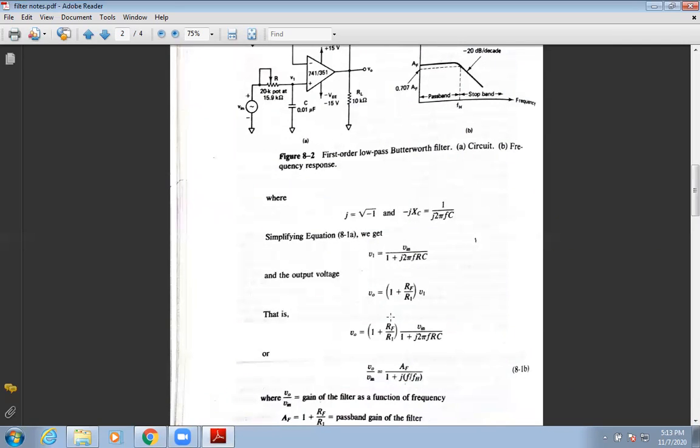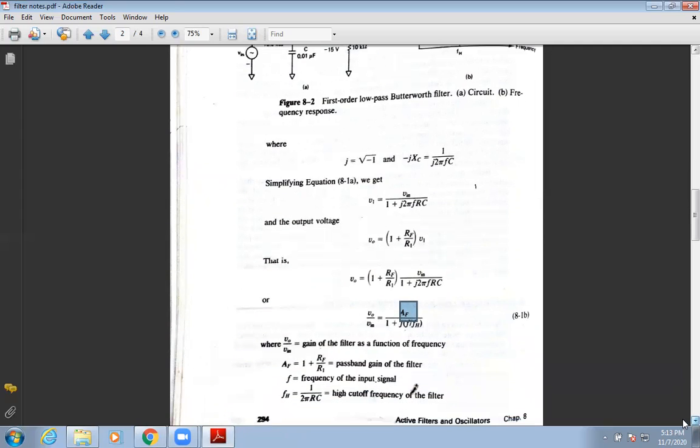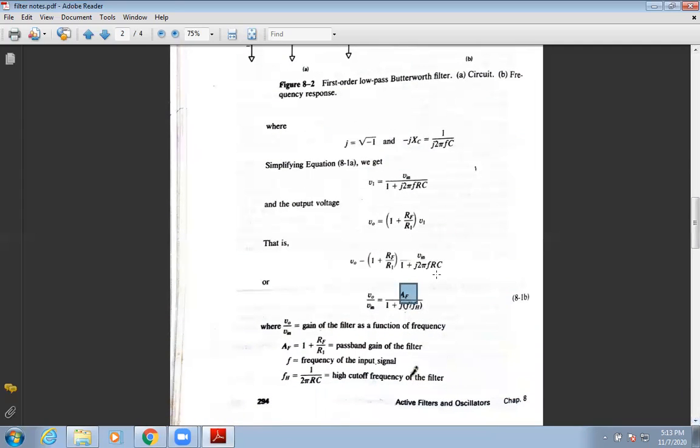AF is the passband gain of the filter, which is given by 1 plus RF by R1. This is the pass band gain of the filter, and V naught upon V in is the gain of the filter as a function of frequency f. Now put the value of high cutoff frequency, fH, equal to 1 upon 2 pi RC.